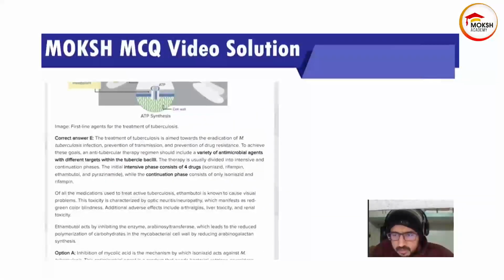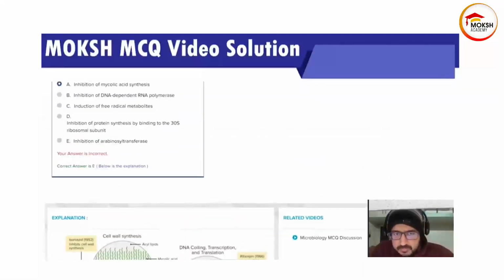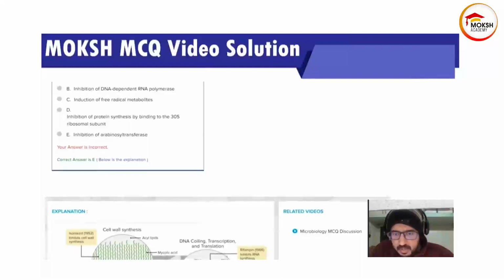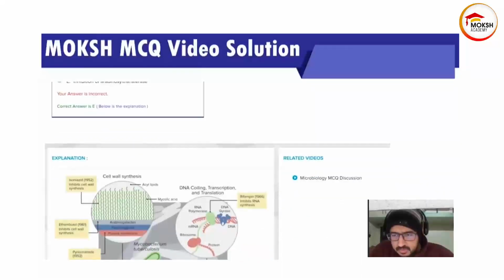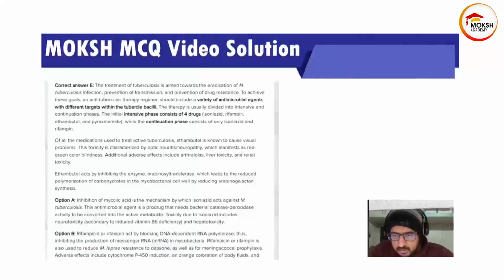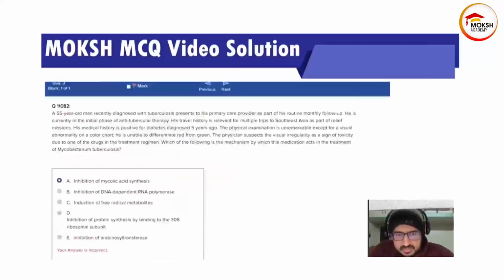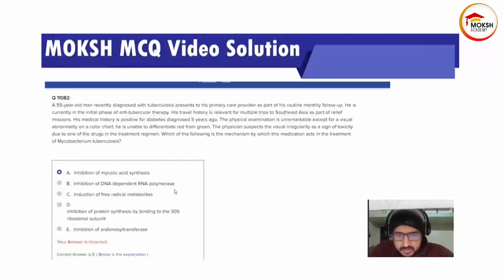All right, very good. So it's isoniazid. All right, then we go to option B, inhibition of DNA-dependent RNA polymerase. Very good. Rifampin.